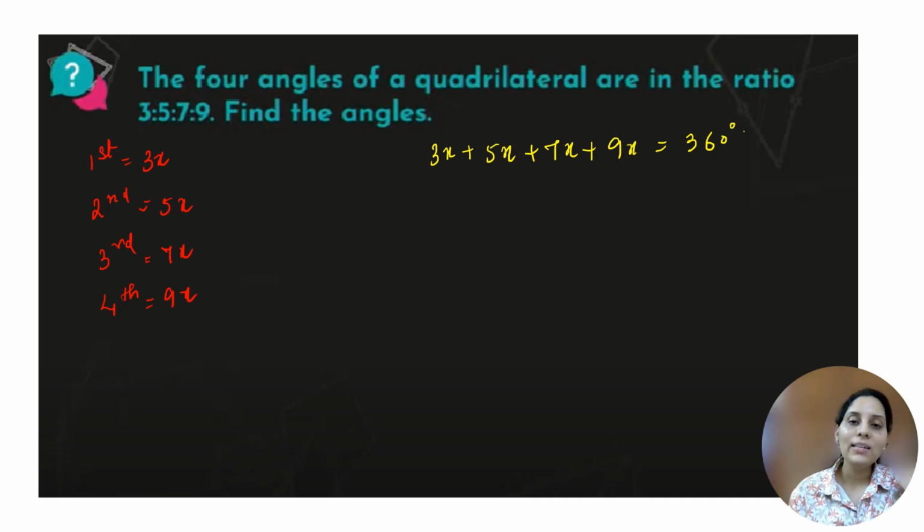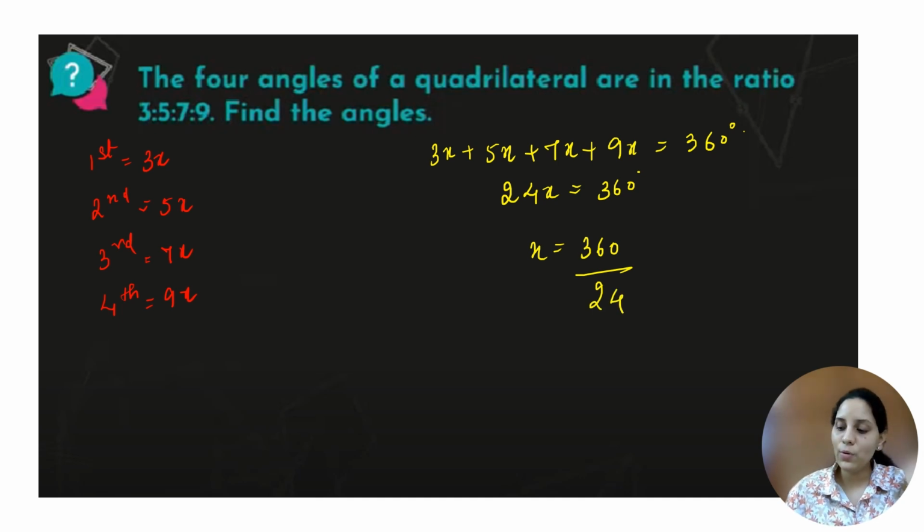So when I add this, 5 plus 3 is 8, 8 plus 9 is 17, and 17 plus 7 is 24x is equal to 360 degrees. So x will be equal to 360 by 24, which is equal to 15 degrees. So x is 15 degrees.